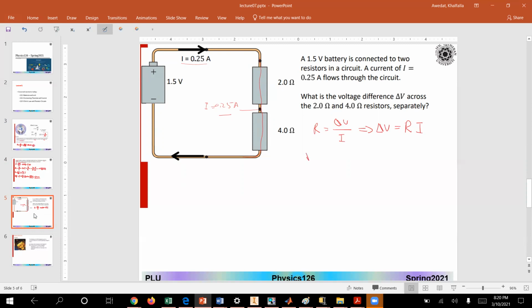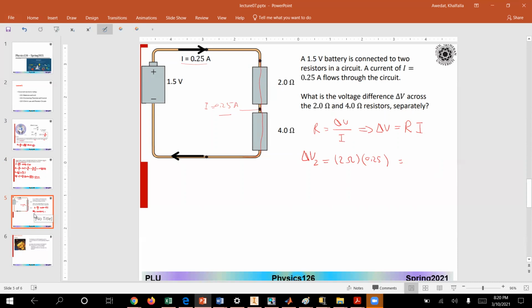So if I wanted to find delta V in the 2 ohms here, it is R 2 ohms times the constant current 0.25.